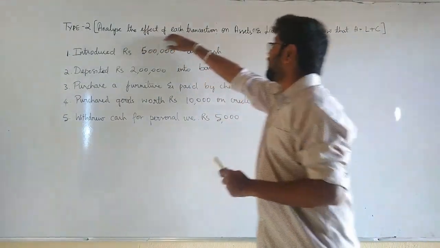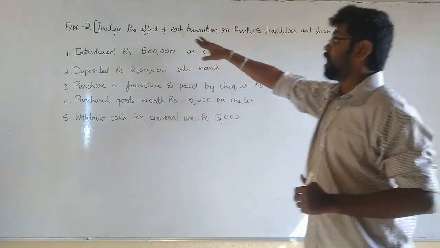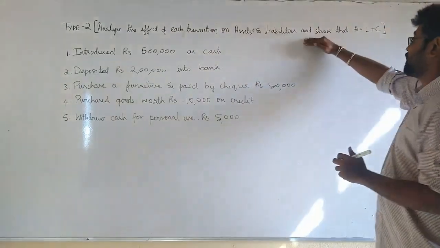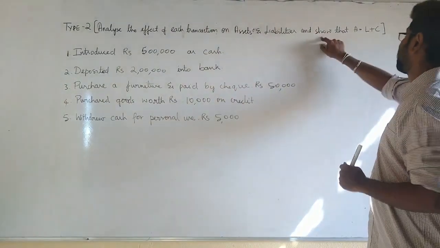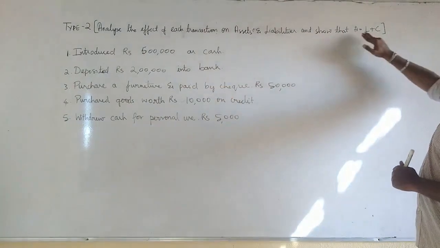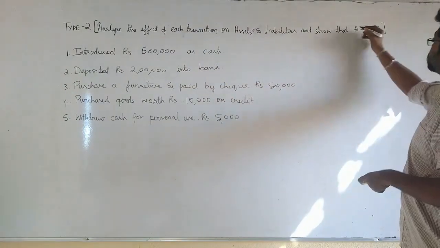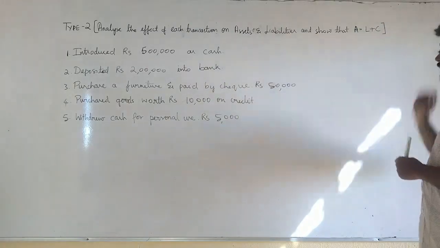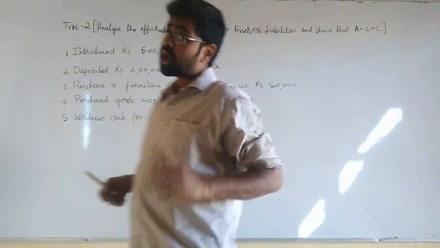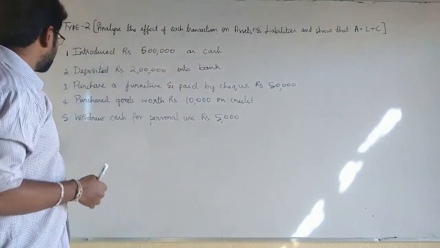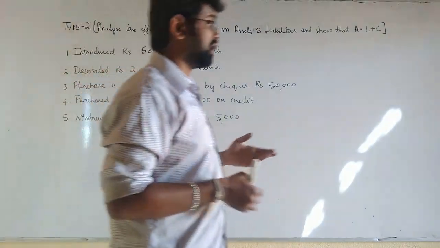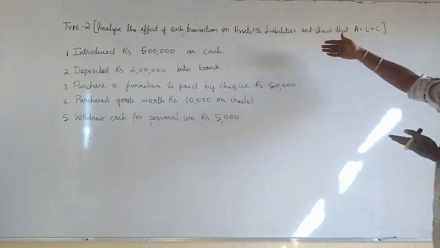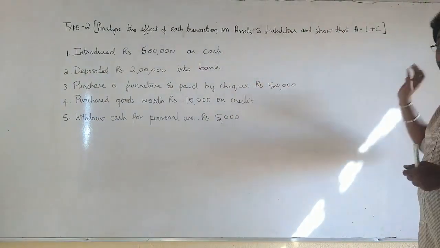You have to analyze the transaction and say what is the effect of each transaction on the assets and liabilities, and also show that assets is always equal to liabilities plus capital, that is, A = L + C. First we will analyze each of these transactions, and then we will see how to analyze the effect of each transaction and show that A = L + C.